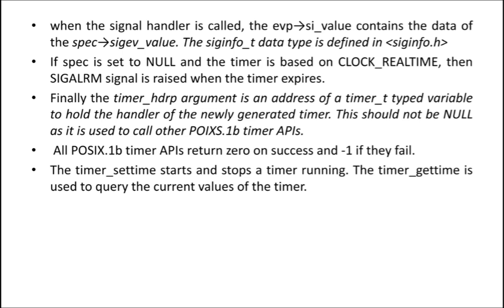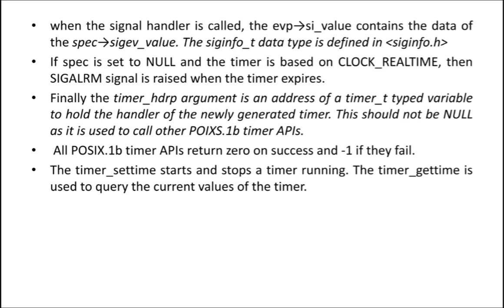For every timer there will be a handler. Based on the handler only, you can call other POSIX timer APIs, and it should not be null. The argument value should not be null. Based on that handler value only, you can call other timer APIs, right? So this handler will be like an address.